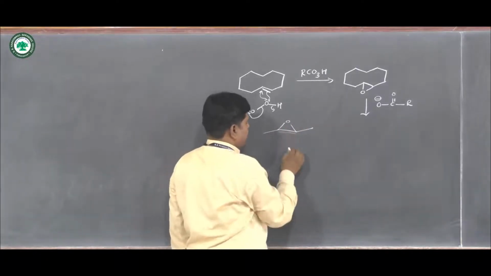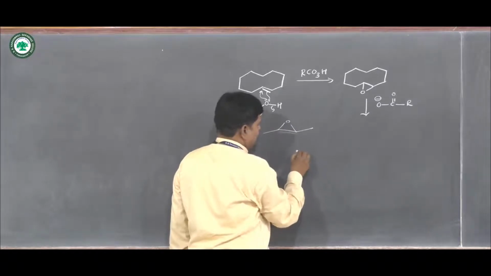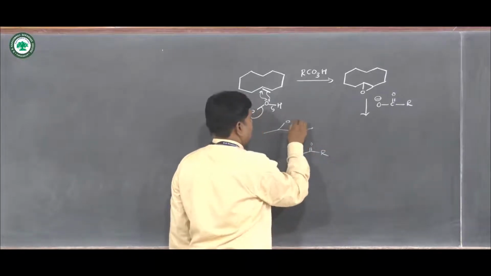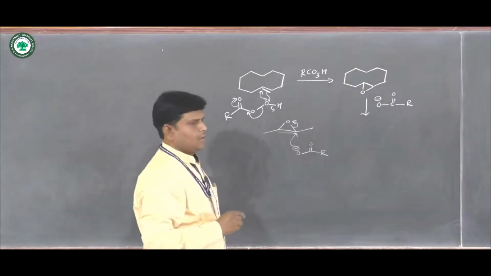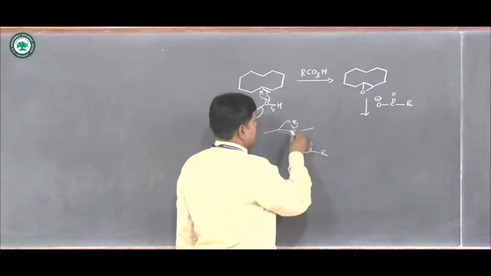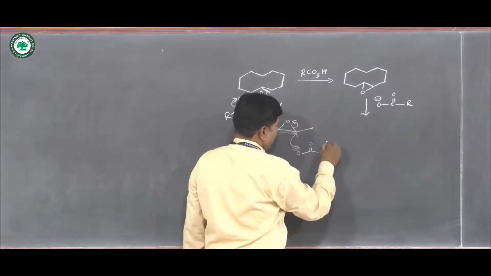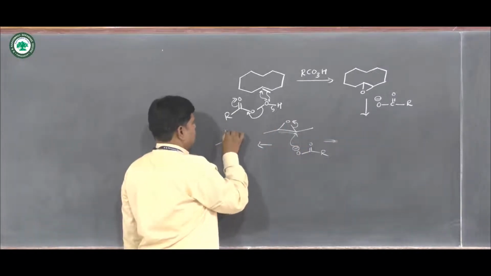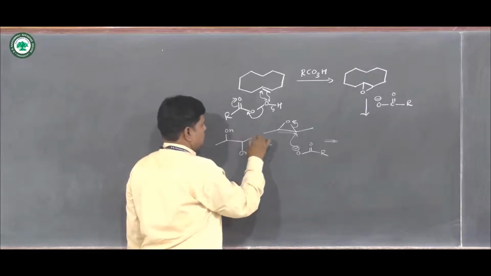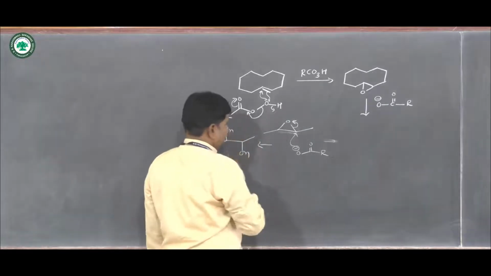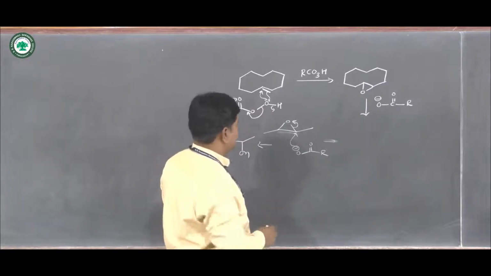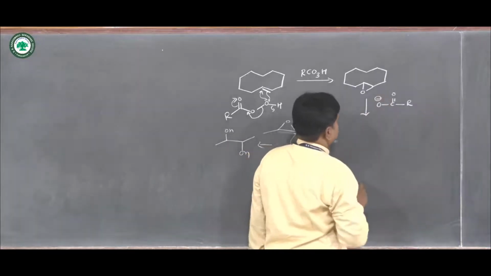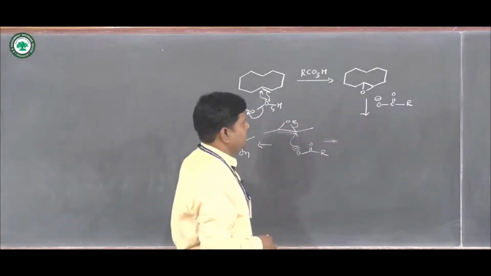At that time, the acid or acetate will easily attack this epoxide, and it gives such a type of product: a hydroxyl here, and another hydroxyl group or acetate ion when we react this with acid. But here we don't get such a normal product.